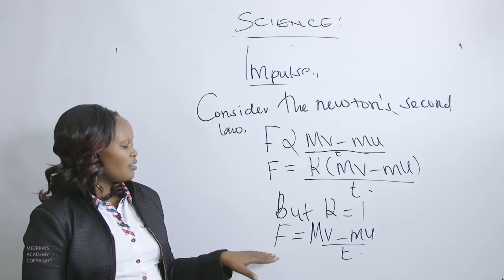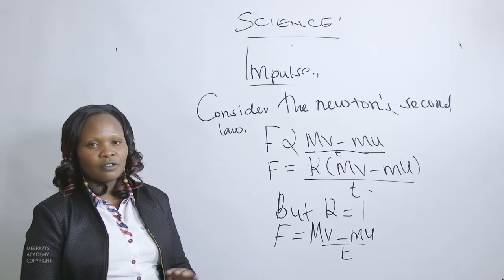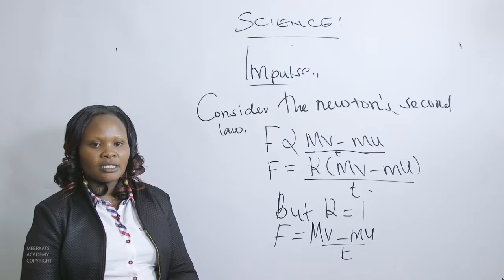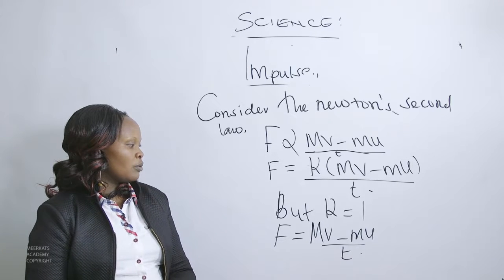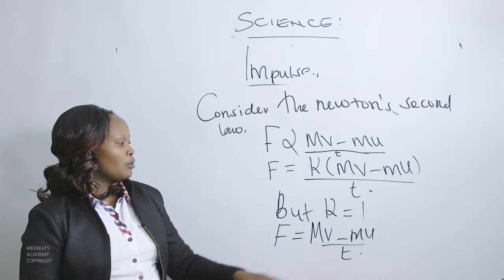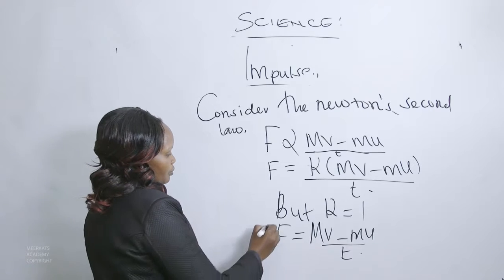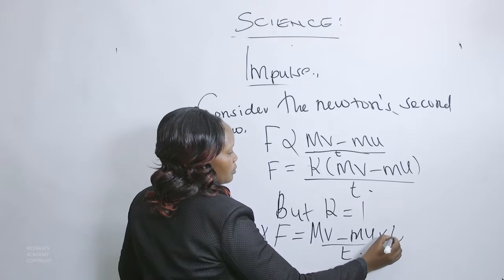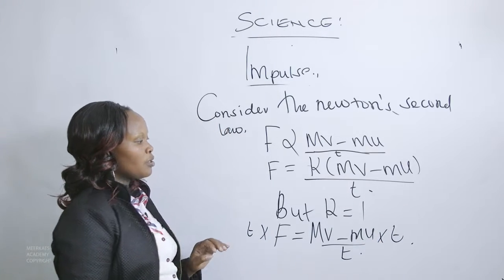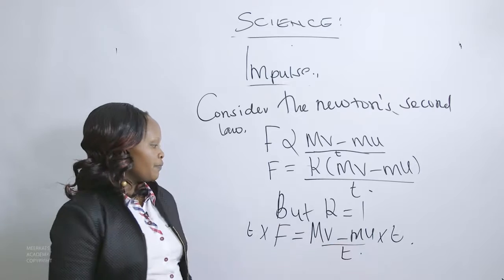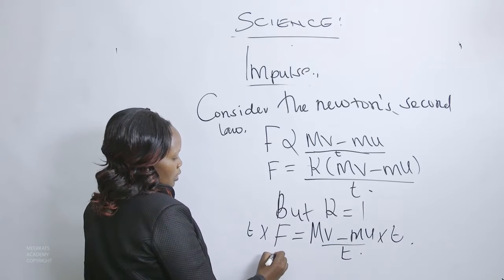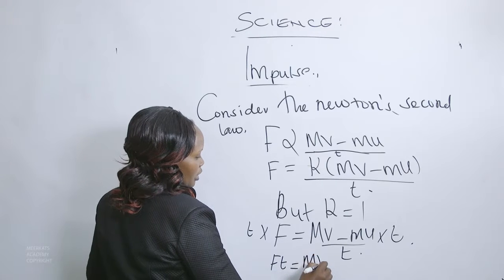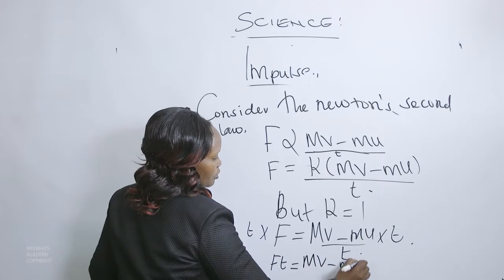Now, we said that we have a force acting very fast on an object, producing some result that is realized equally fast. Let us multiply both sides by t, so that now Ft is equal to mv minus mu.